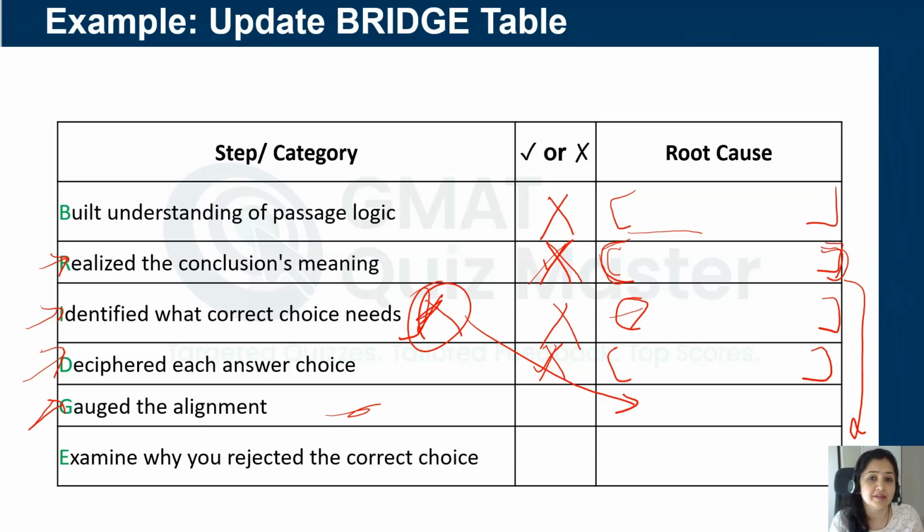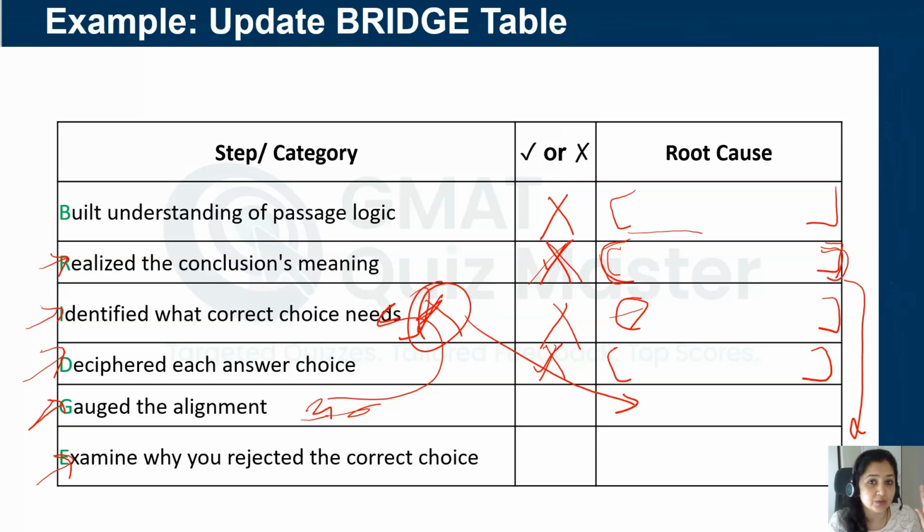In other case, you may say that, okay, I did not even try to do that because I did not think about what the correct answer choice needs to convey. That is why I did not do this step, and that is why I was not able to evaluate choice C properly. The last step, examine why you rejected the correct choice.